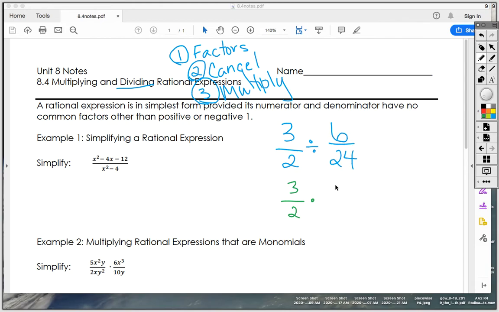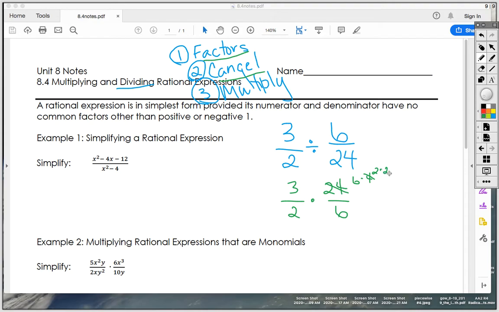We're going to turn it into the reciprocal, 24/6. And then we're going to cross cancel. We're going to write it in our factors and then cross cancel. So 24 can be rewritten as 6 times 4, and 4 can be rewritten as 2 times 2.